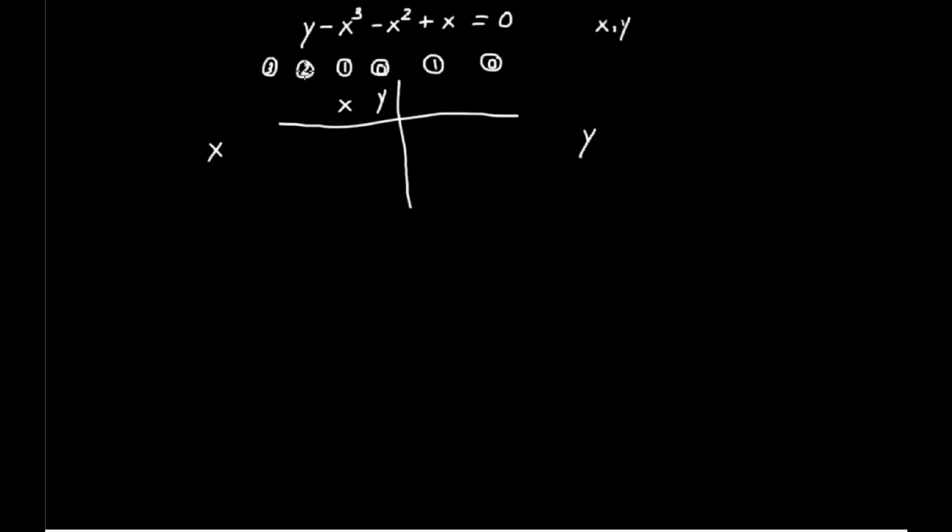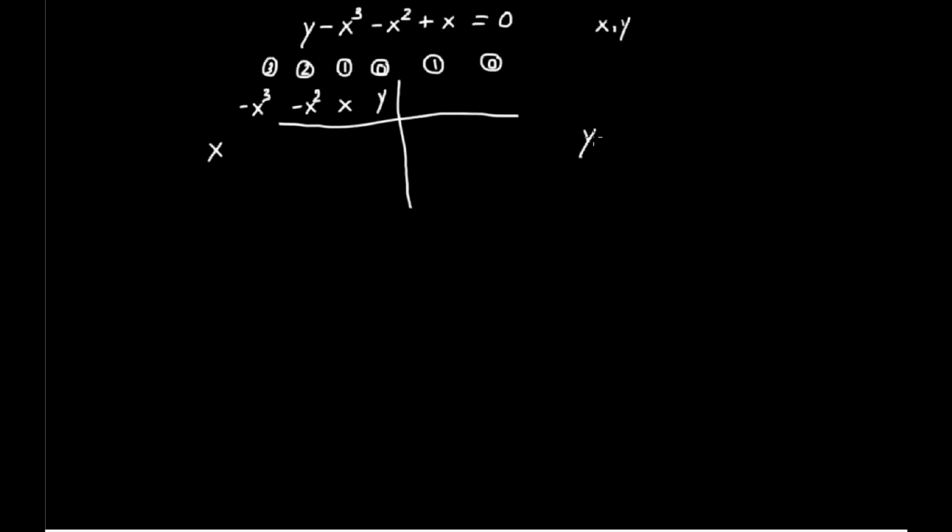The 2nd degree term in x is minus x squared. And finally, the 3rd degree term in x is minus x to the 3rd. So I've just grouped these terms according to their x degrees.